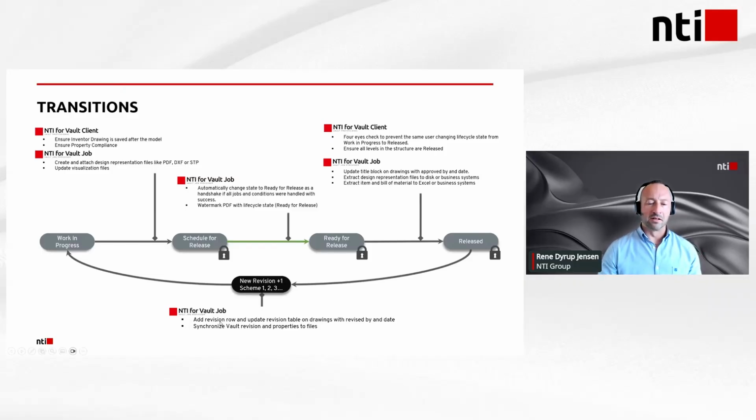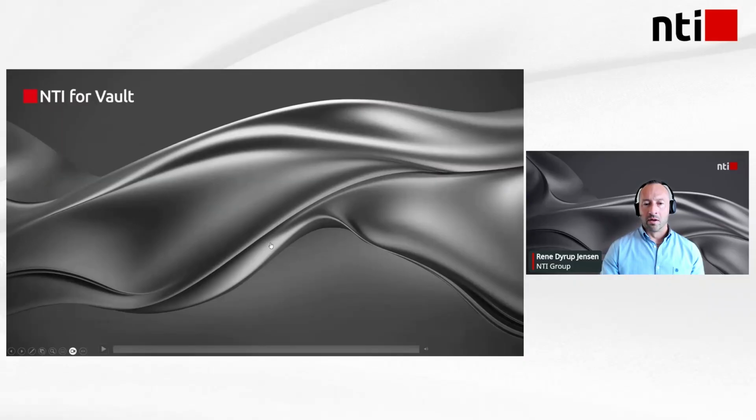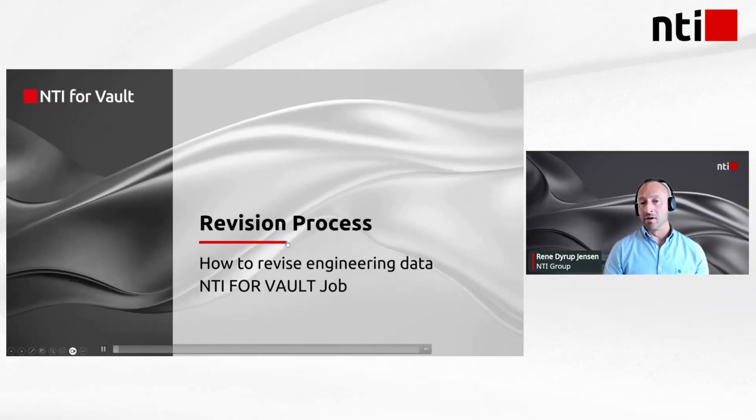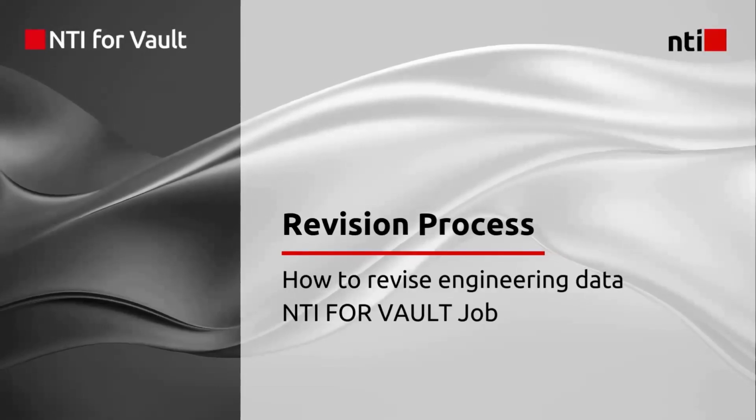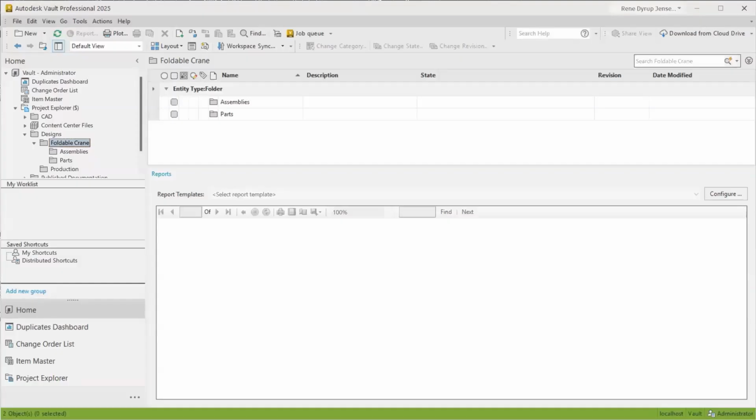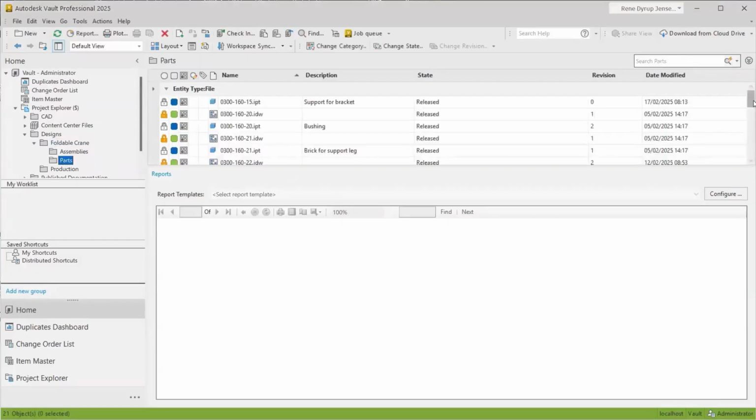And then, of course, synchronize properties between Vault and your files. And this could actually look like this as well. So this is just the same environment where I showcase the revision approach inside Vault.